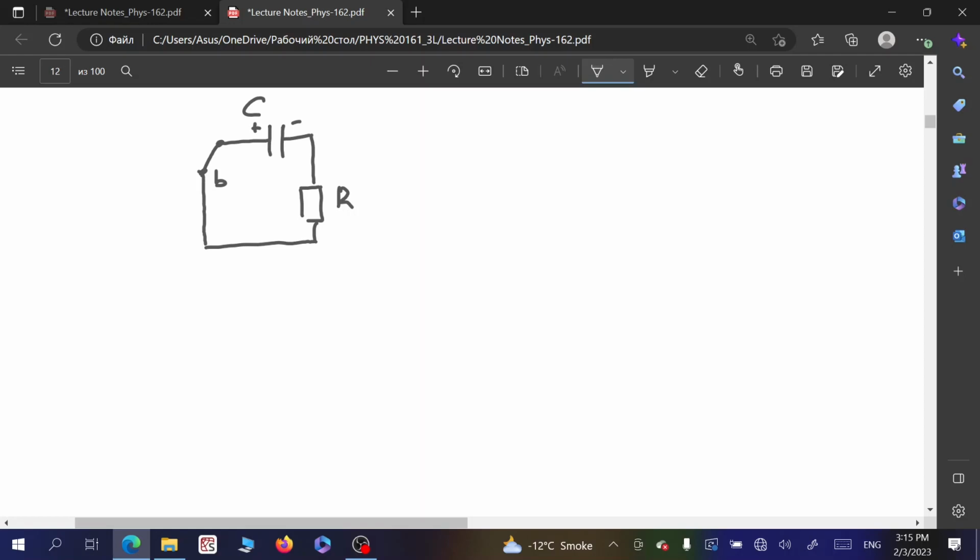So what we have is only a charged capacitor and a load resistor attached to it. The same situation which we have just discussed.